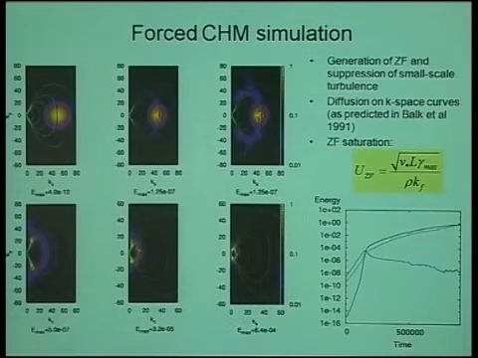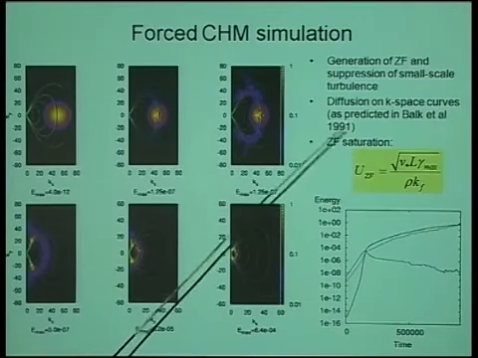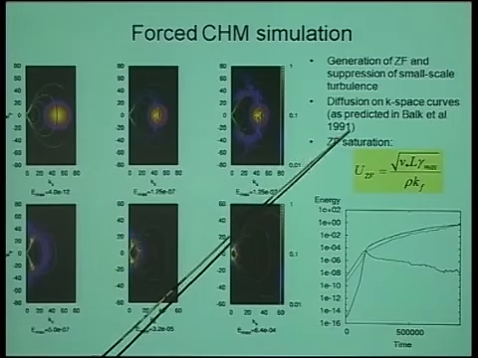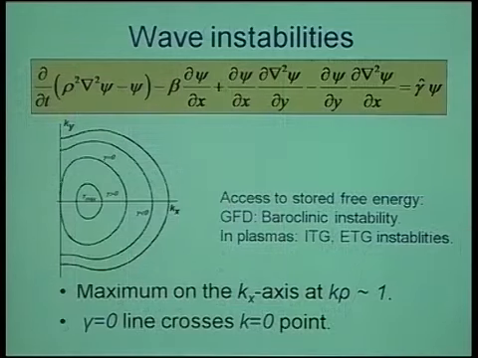Here is the result, and it's quite recent. It hasn't been published yet. First of all, the theoretical prediction, by myself and Zakharov, is the following: when zonal flows are generated, they will suppress the small-scale waves.